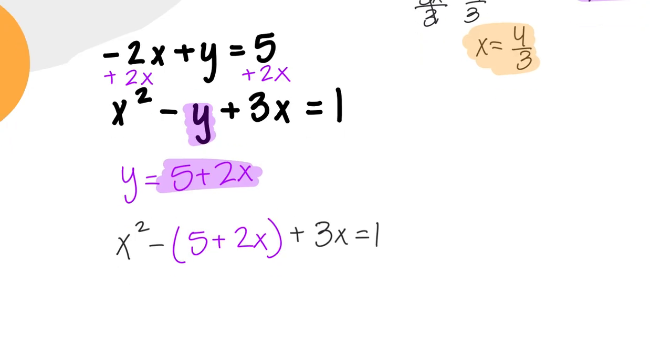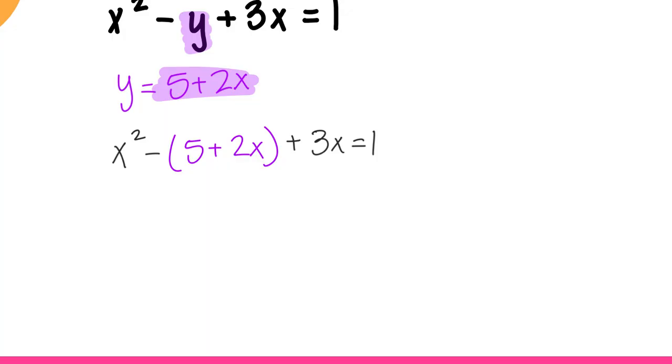And now I'm going to solve for x. So distributing this negative, I'm going to end up with x squared minus 5 minus 2x plus 3x equals 1.